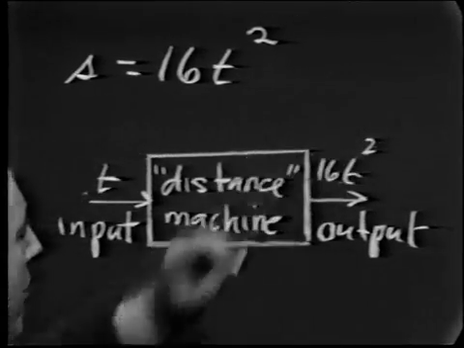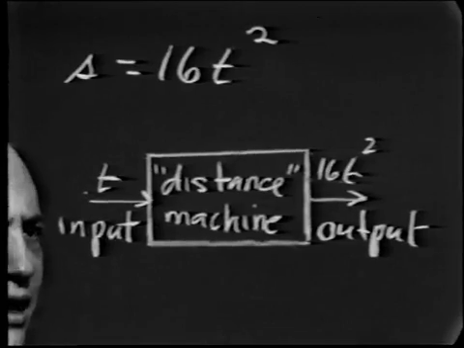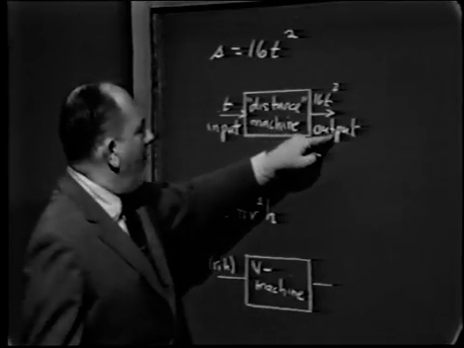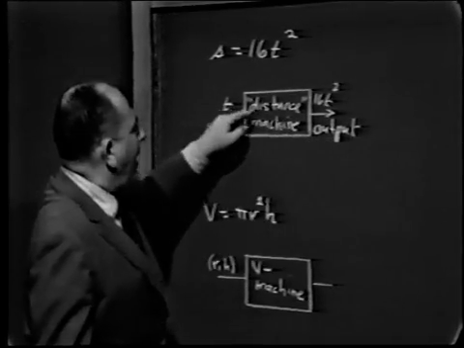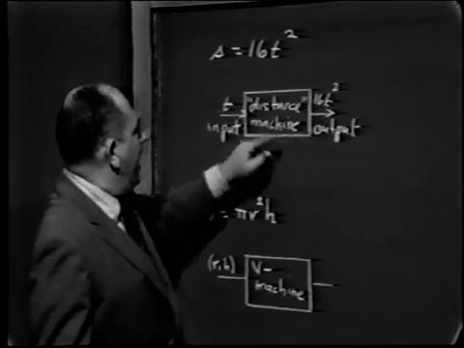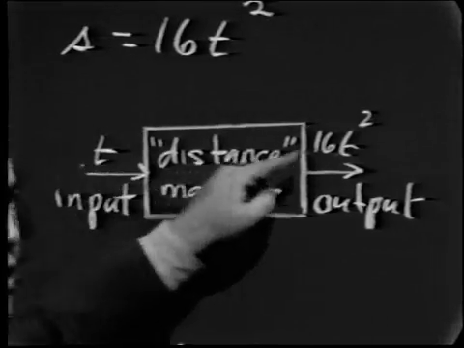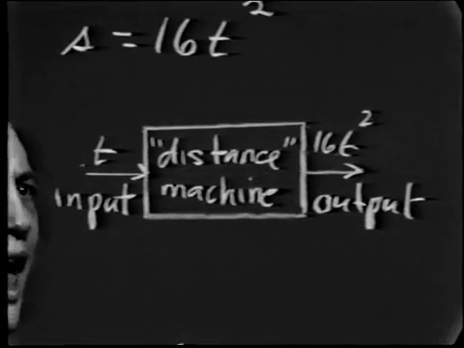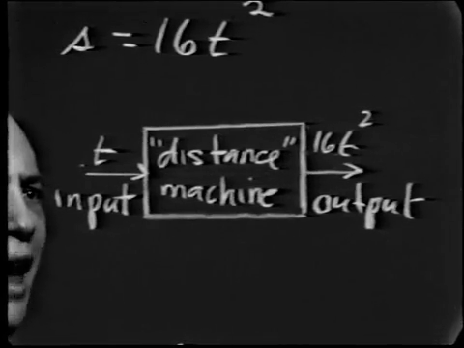The square of the input multiplied by 16. Observe that from this, I do not have to have any picture to understand what's happening here. Namely, I can measure an input, measure an output, and observe analytically what is happening.